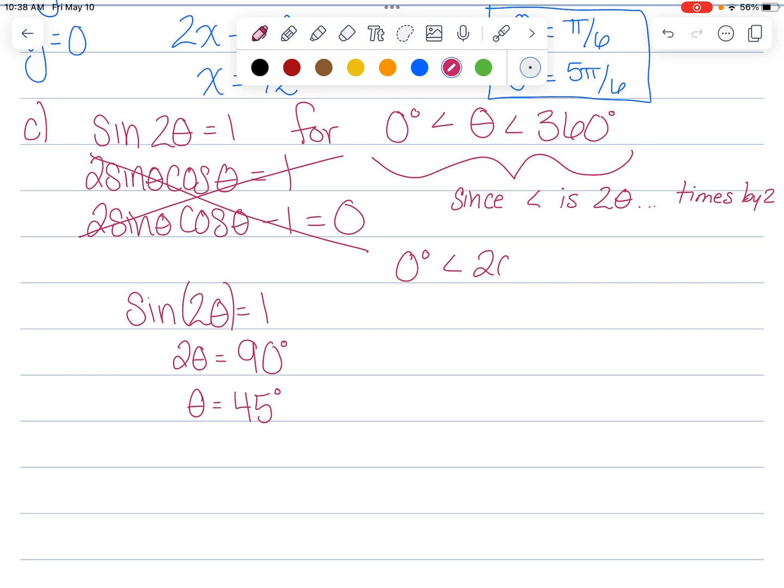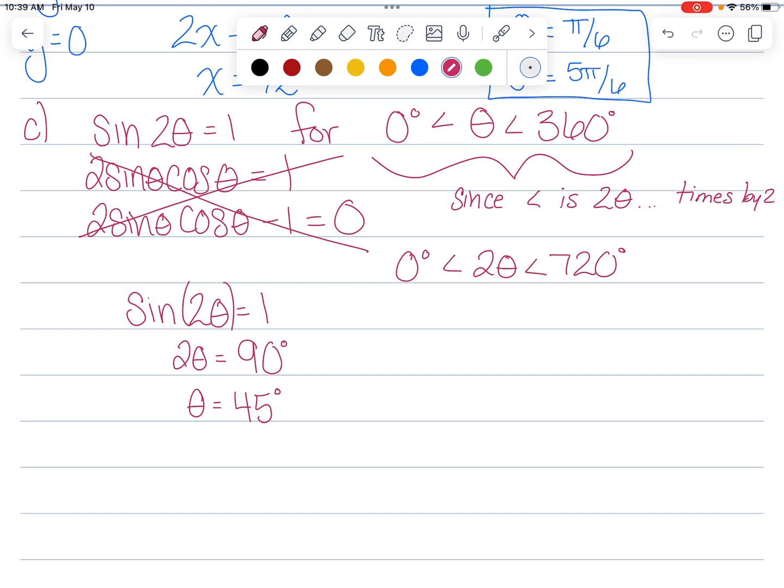So 0 degrees is less than 2 theta, which is less than 720 degrees. I just doubled all 3 of those. 0 doubles just 0, hence it didn't look like it changed. So now I need all angles between 0 and 720.